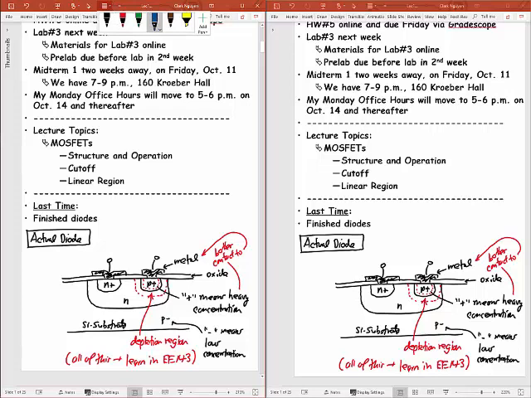Maybe I should also say what I mean by high and low concentration. High concentration means a concentration on the order of 10 to the 19th dopants per cubic centimeter. So N-type dopants, meaning phosphorus or arsenic in this case. A low concentration down here means maybe 10 to the 15th per cubic centimeter. 10 to the 15th still is a big number, but that's 4 orders of magnitude smaller than 10 to the 19th.